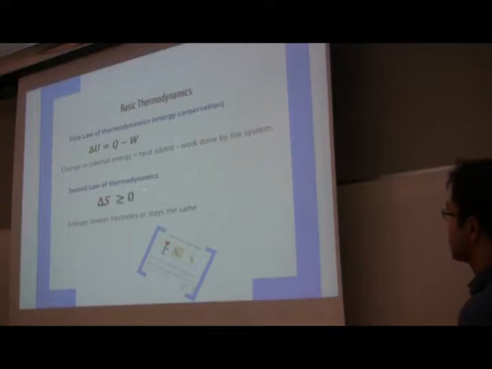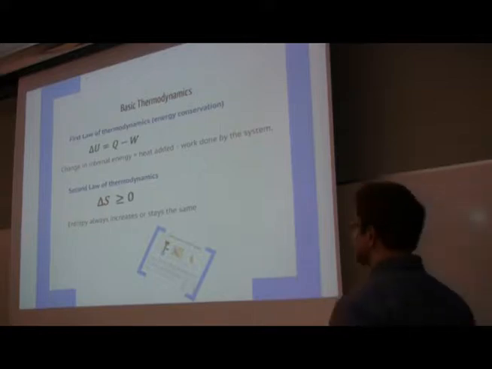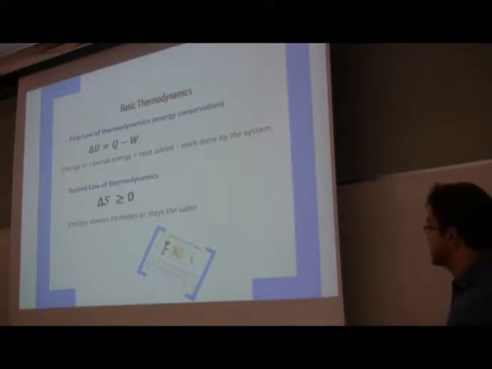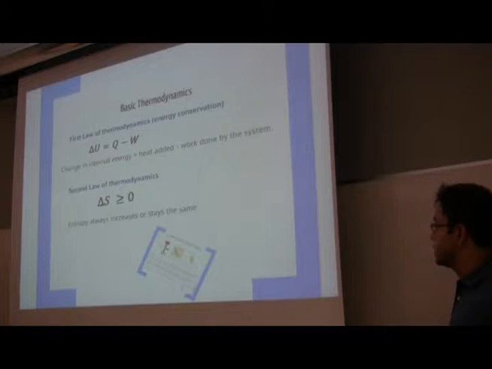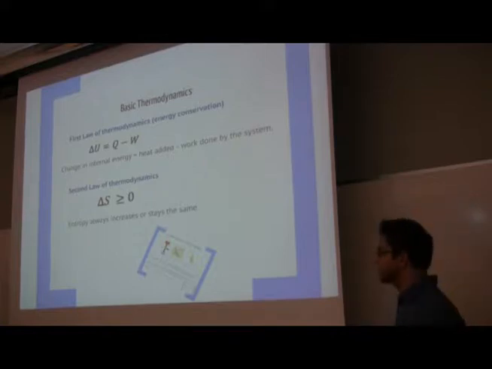The second law of thermodynamics essentially talks about entropy. Less important right now, but it's important to understand that the entropy delta S is always positive, which means that it's always either increasing or remains the same. This is a little abstract, and we'll come to it when it becomes relevant, but these are two things you should be aware of. Okay. So again, like I said, I'll post a few resources online so you can take a look at some of the basic ideas. But these things we should keep in mind.